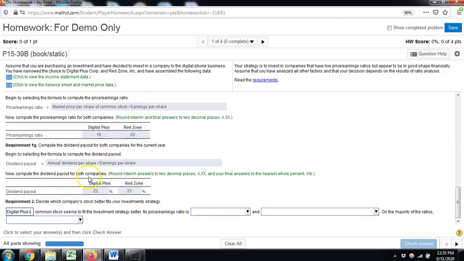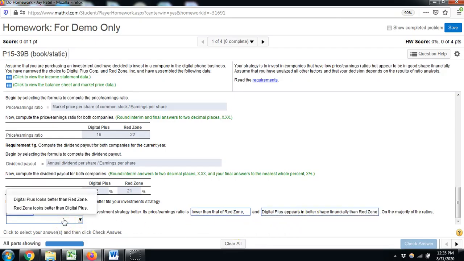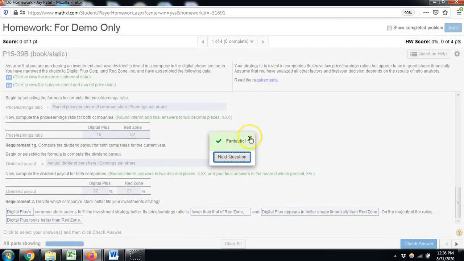So it seems like a no-brainer that Digital Plus fits this strategy better. The price to earnings ratio is lower, and it appears to be in better shape on the majority of ratios. Digital Plus looks better. Okay, that's it.